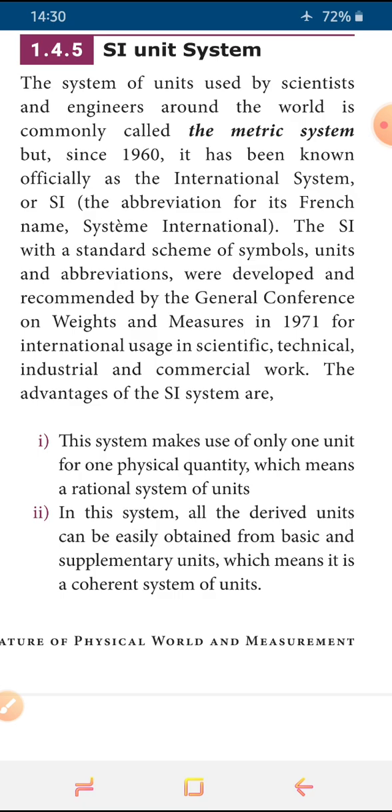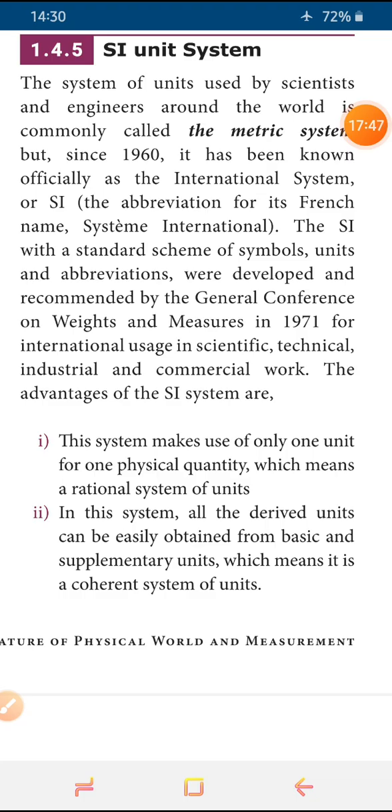Then what is coherent? This is the second advantage of SI. Coherent means all the derived units can be easily obtained from the basic and supplementary units. We discussed basic or fundamental quantities and derived ones. So using SI, they are easily converted and easily obtained. So these 2 are advantages of the SI system of units.